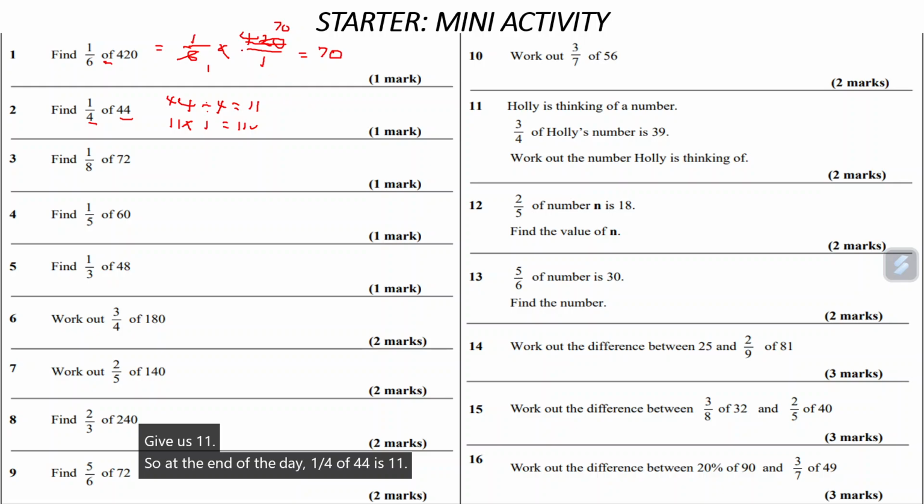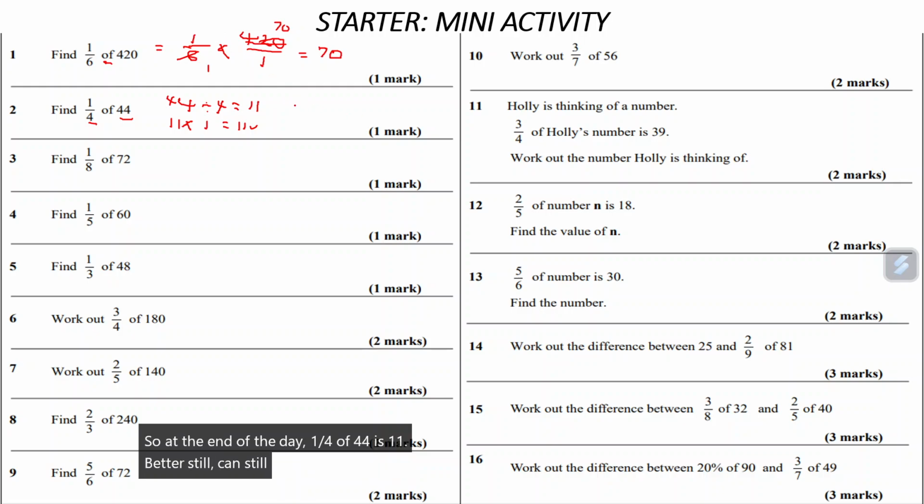Better still, you can solve it this way. That will be 1 over 4 times 44 over 1.